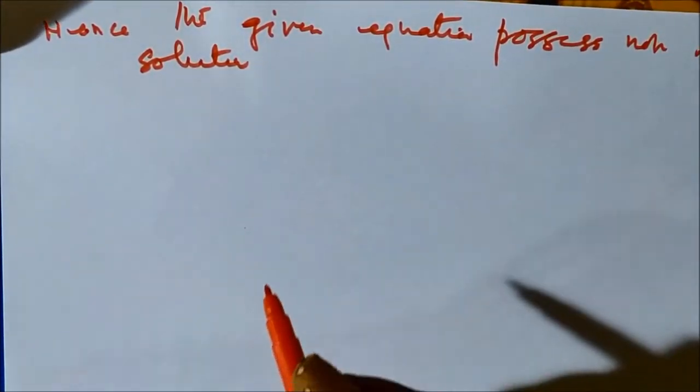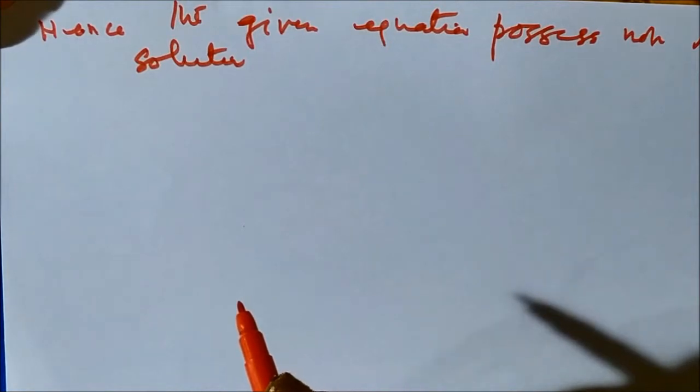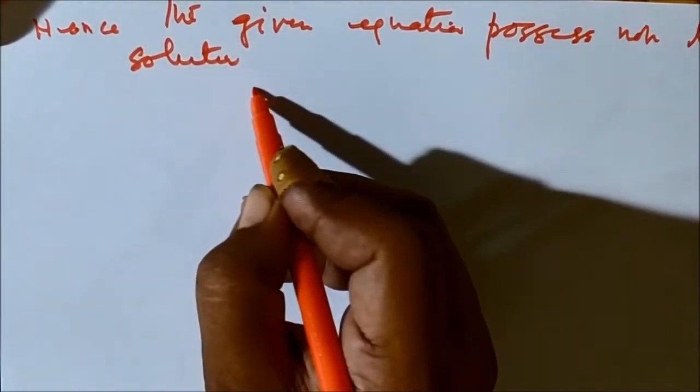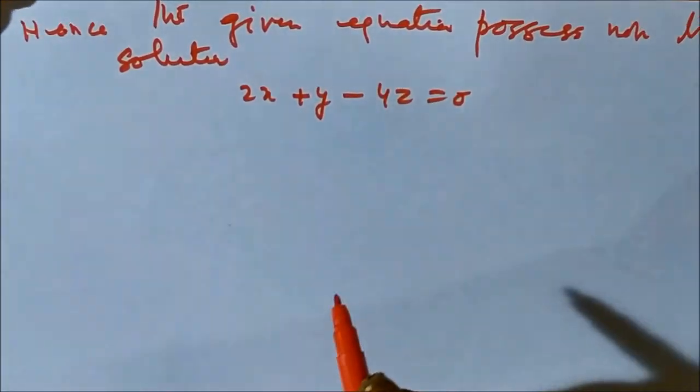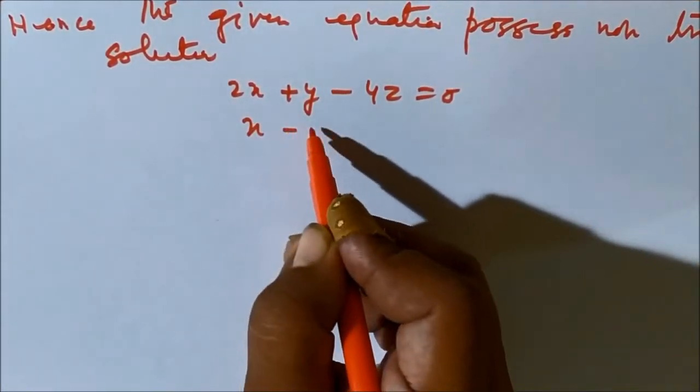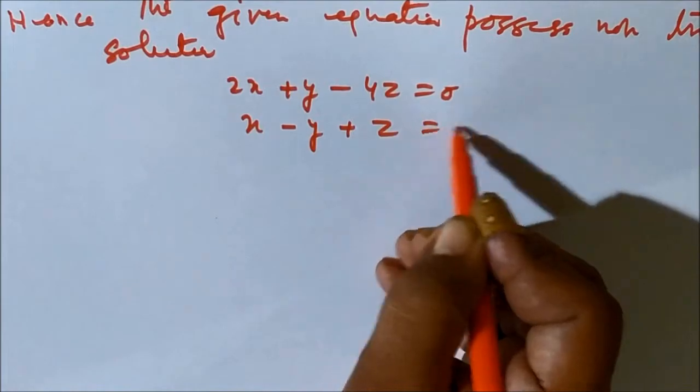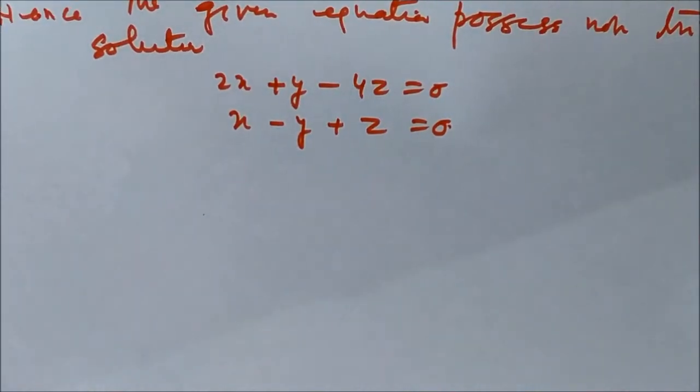To find the solution, we take only two equations. Suppose 2x plus y minus 4z equals 0 and x minus y plus z equals 0.